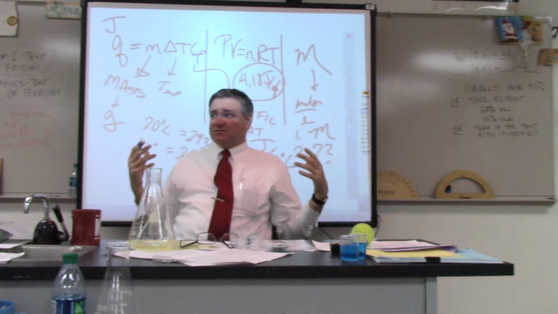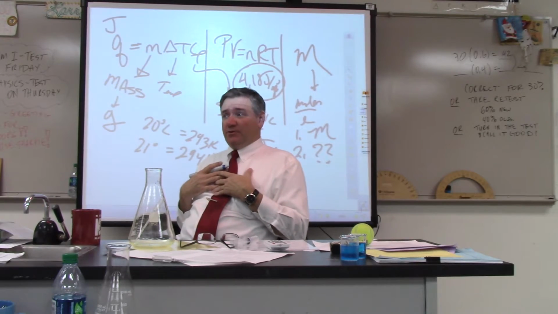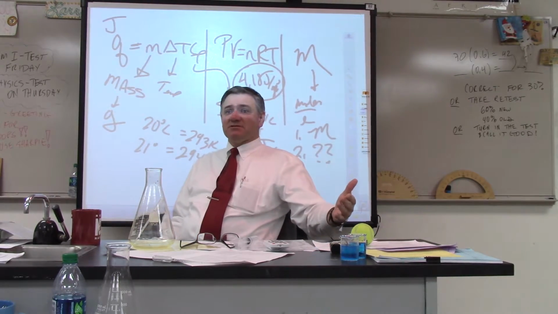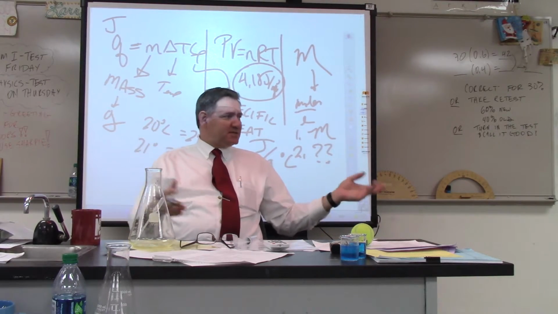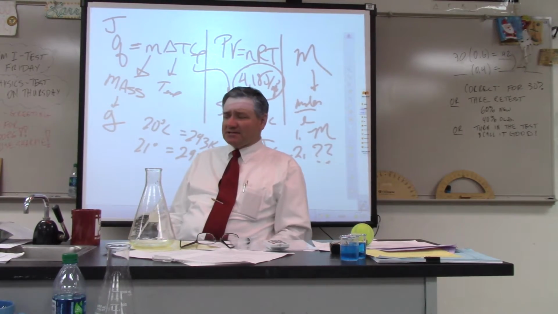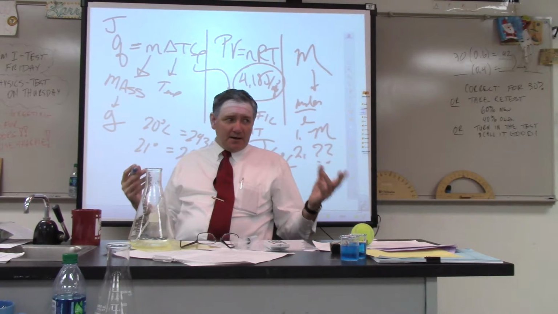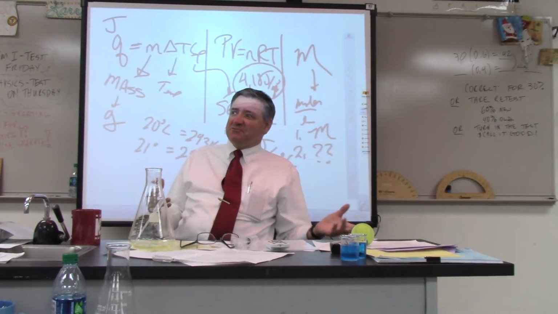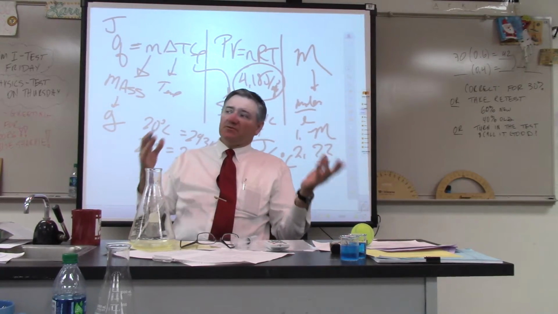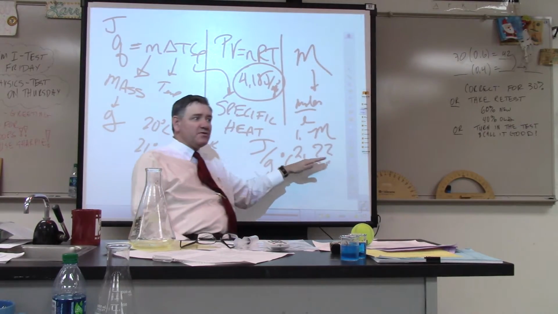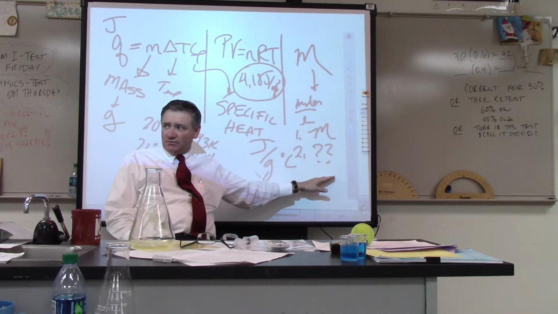As a chemistry teacher, one of the most important things I've got to be able to do is prepare the solutions. So if I type up a lab and I say, hey, these kids are going to need 2 molar hydrochloric acid, well, if I can't mix up a solution of 2 molar hydrochloric acid, then you all can't do the lab. So this is going to be one of the most important things that you have to be able to do. Okay?